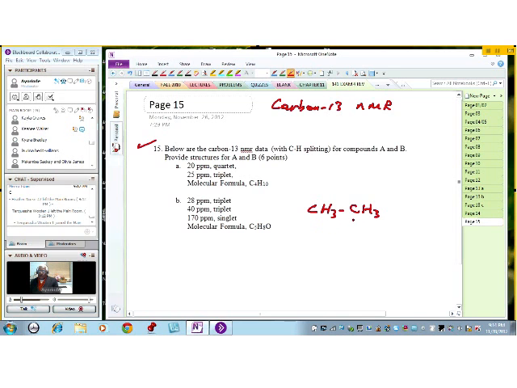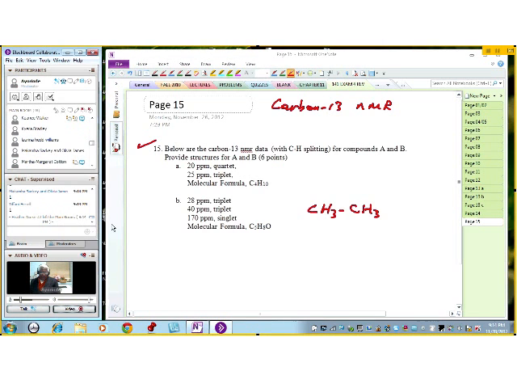If I ask you, how many different types of carbon do you have in this molecule? Okay, 1. Great. That is correct, because this carbon and this carbon will be equivalent. The same set of guidelines that you use for the proton, you use for the carbon.